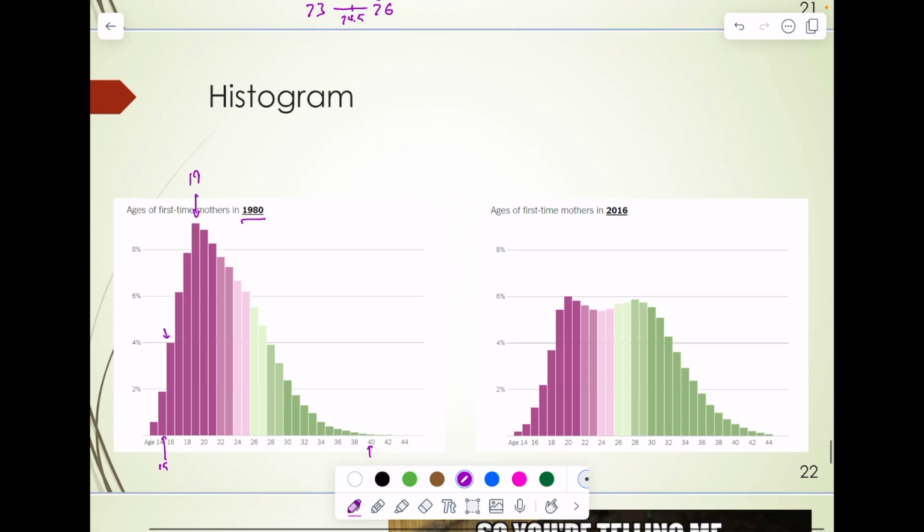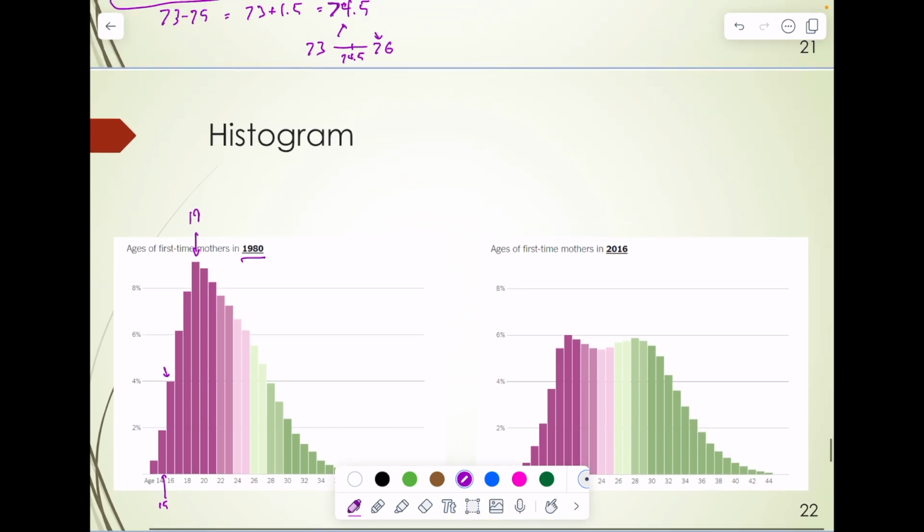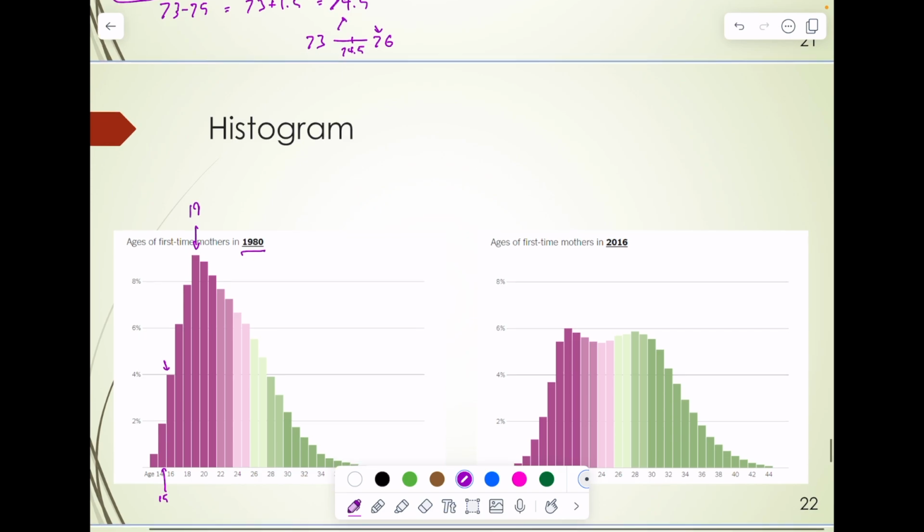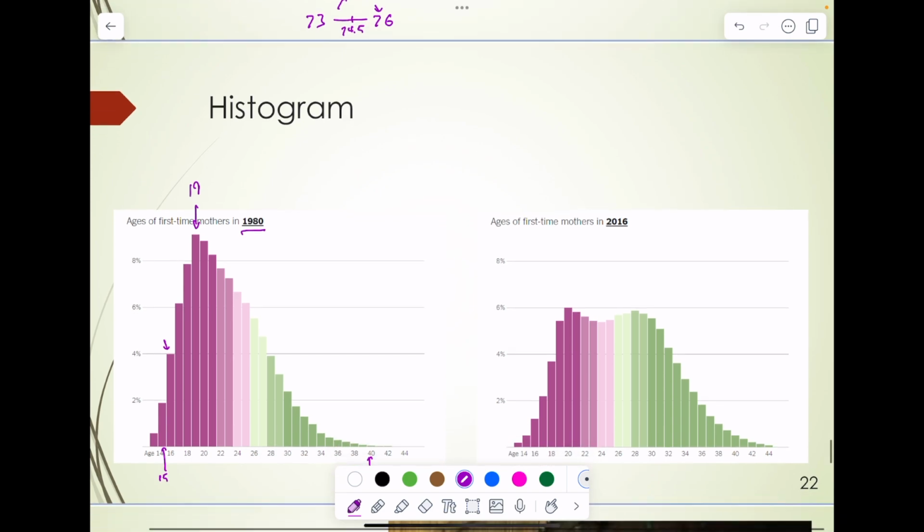Now notice that in 2016, this histogram has a very different profile. We still have a peak. Well, the peak at 19 has been shifted to the peak at 20, and it's been moderated quite a bit, and we have another peak here at 28.